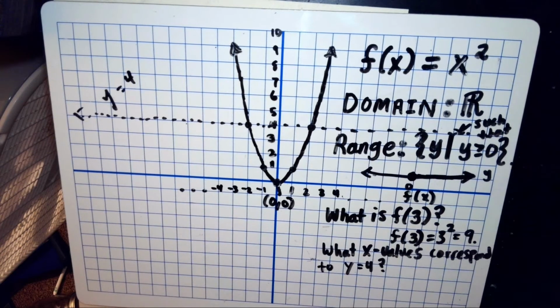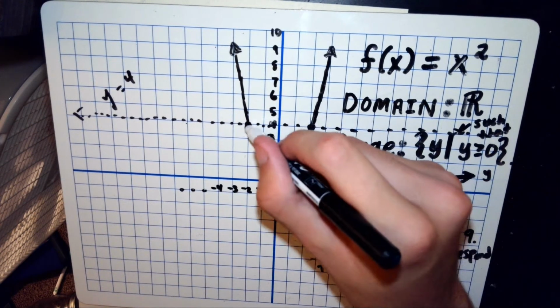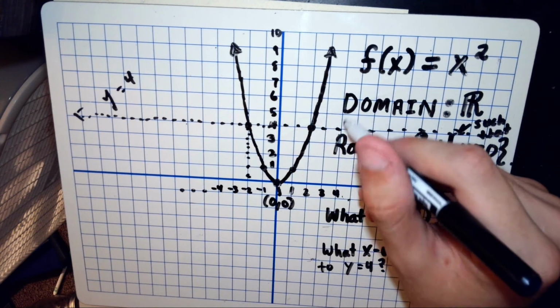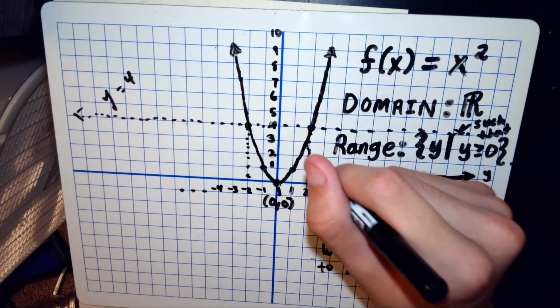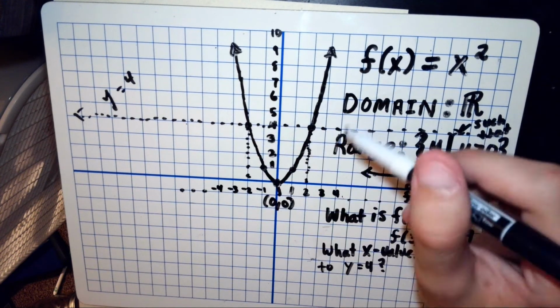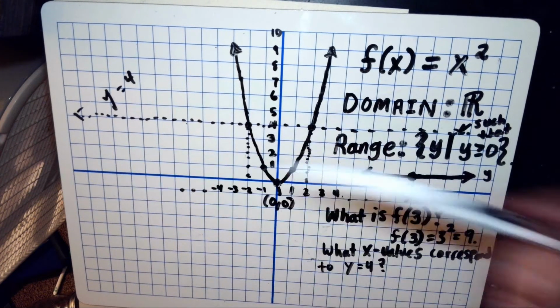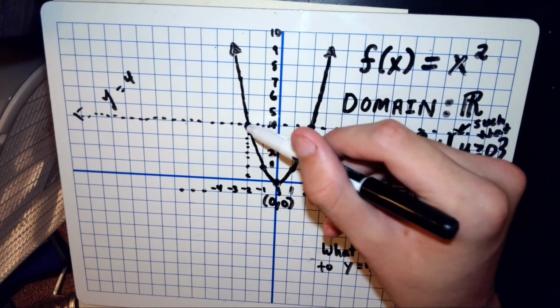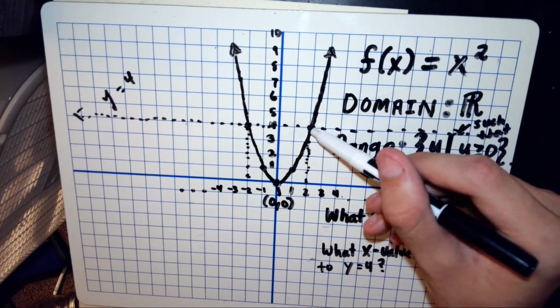So we want to know what x values correspond to a y value of 4. And we can get it by doing this. We essentially draw a horizontal line, y equals 4, and then we see where that crosses the graph. And we see it crosses here and here.